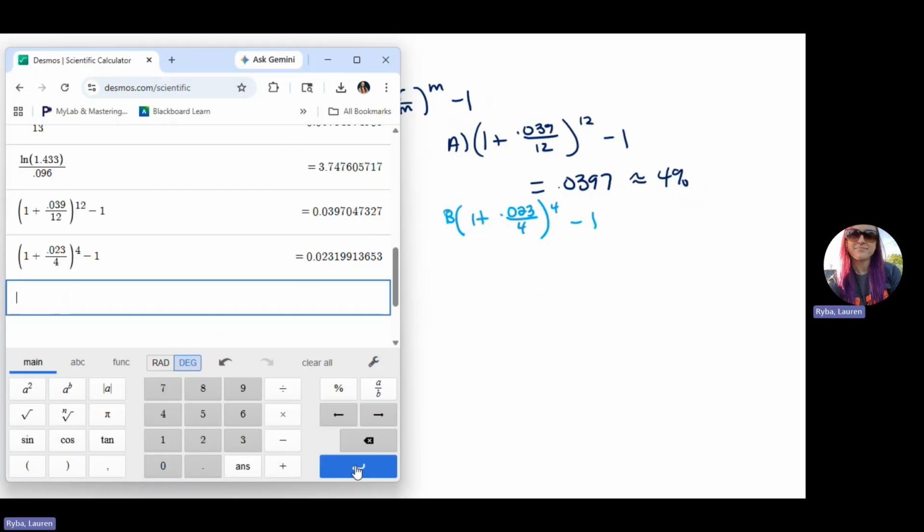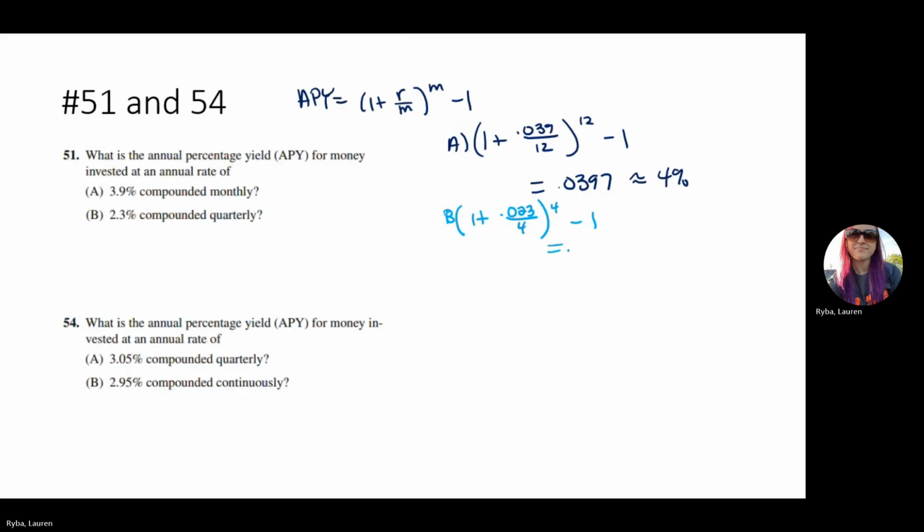Not a whole lot of difference, but 0.0232, or 2.32%.